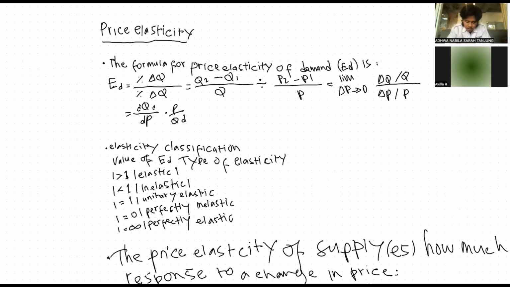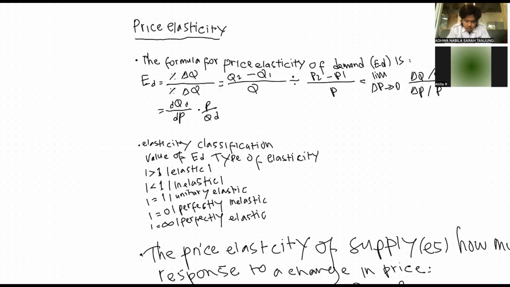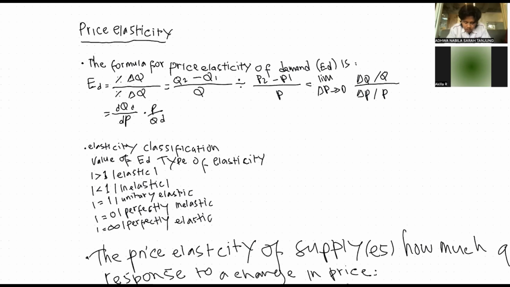E sub D equals the percentage change in quantity divided by the percentage change in price, which equals (quantity 2 minus quantity 1) over quantity 1 divided by (price 2 minus price 1) over price 1, which equals the limit as delta P approaches 0 of (delta Q over Q) divided by (delta P over P), which equals the derivative of quantity demanded with respect to price multiplied by price over quantity demanded.